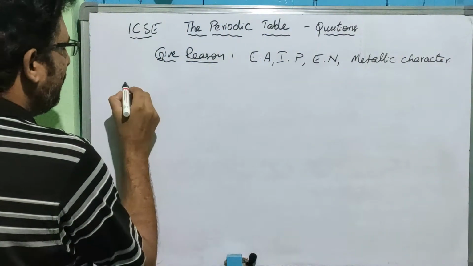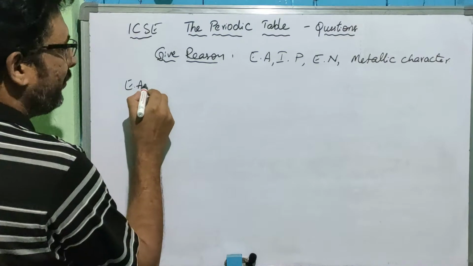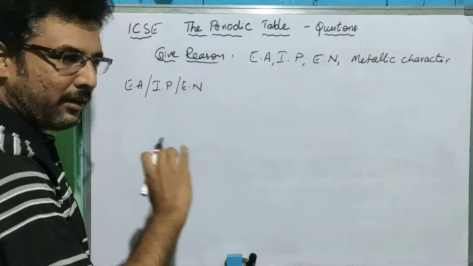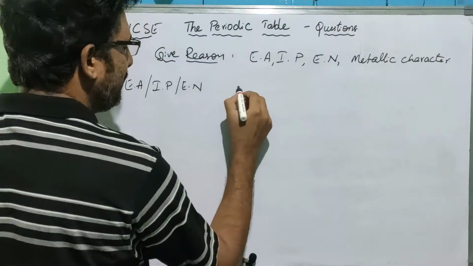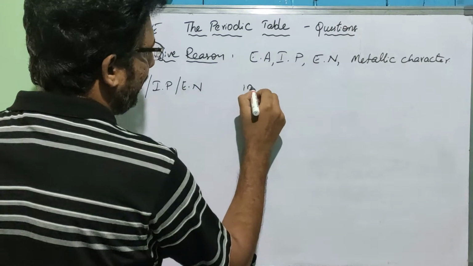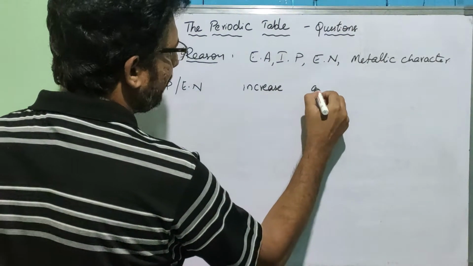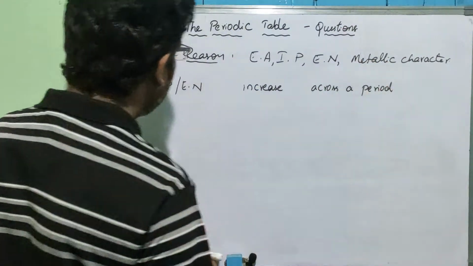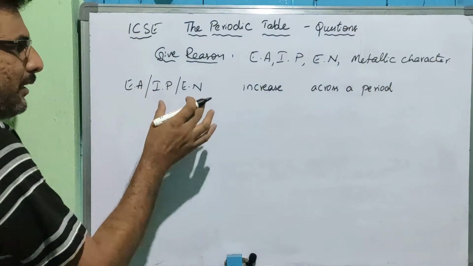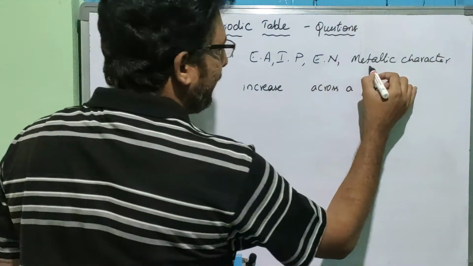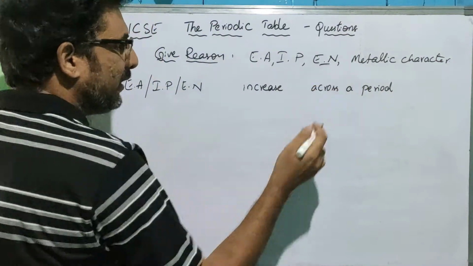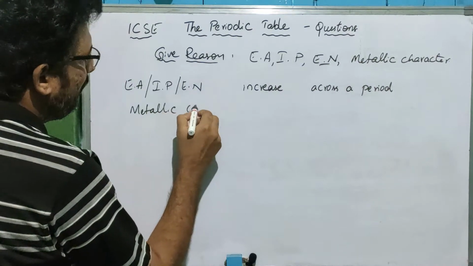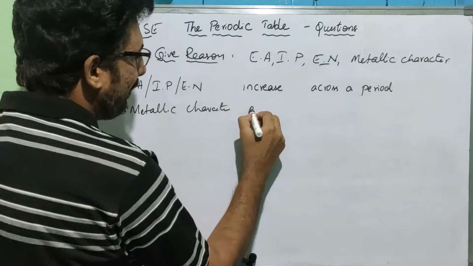Now if you see these properties, electron affinity, ionization potential, or electronegativity, across a period, what happens? These properties will increase across a period in the periodic table. So when these 3 properties increase, the metallic character, which is just opposite to electronegativity, will decrease.